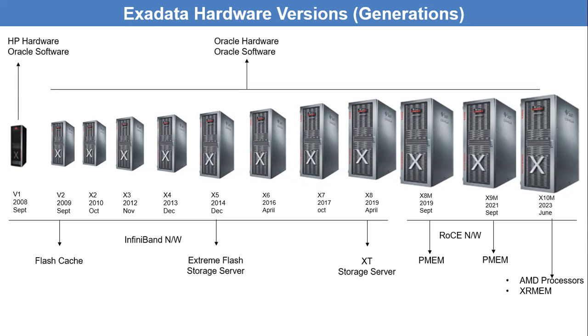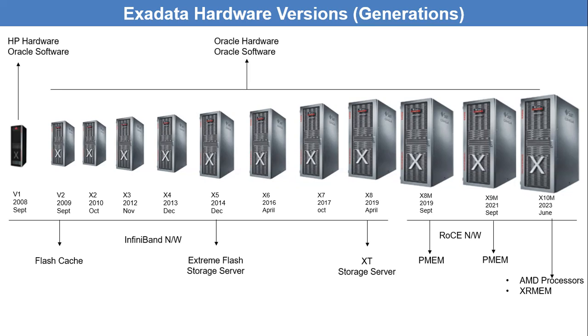Then another very important change Oracle has done in the latest version of Exadata is replaced Intel Xeon processors, which were used in all the previous versions, with AMD processors.